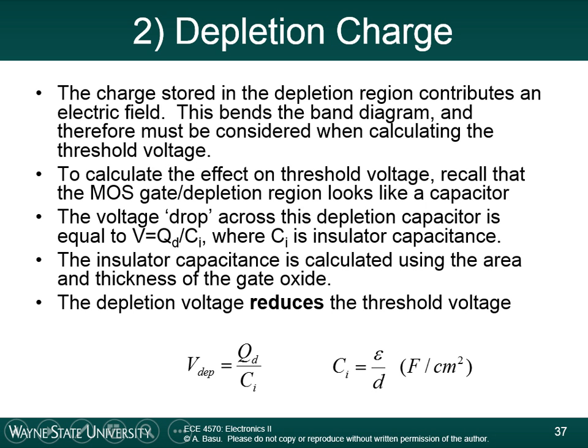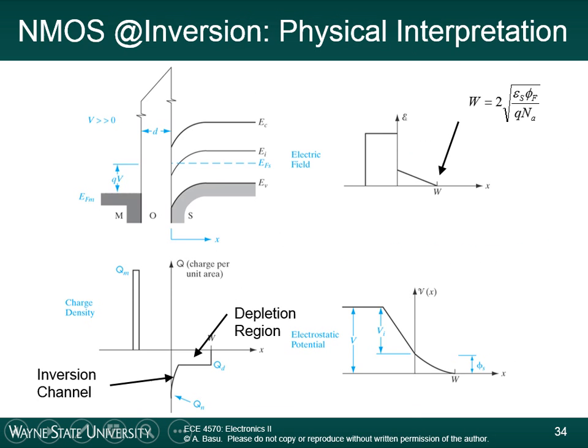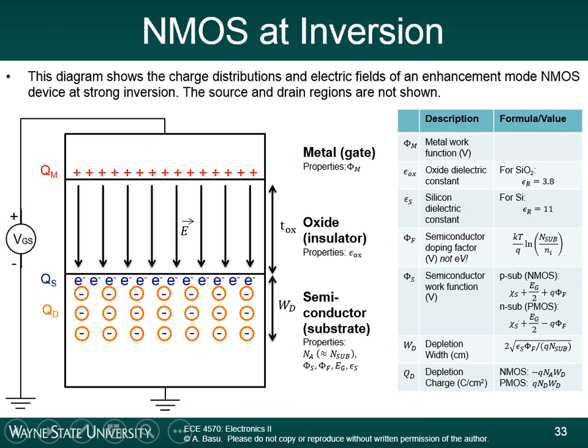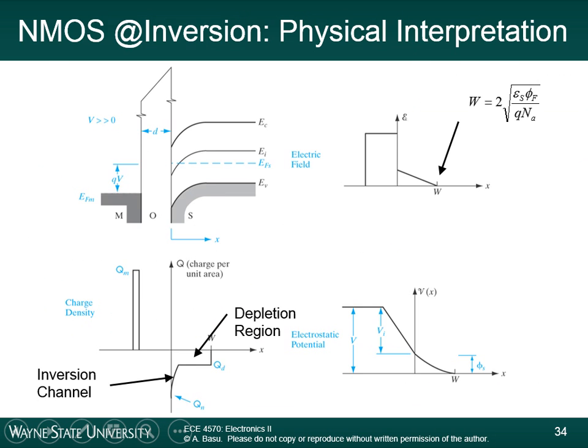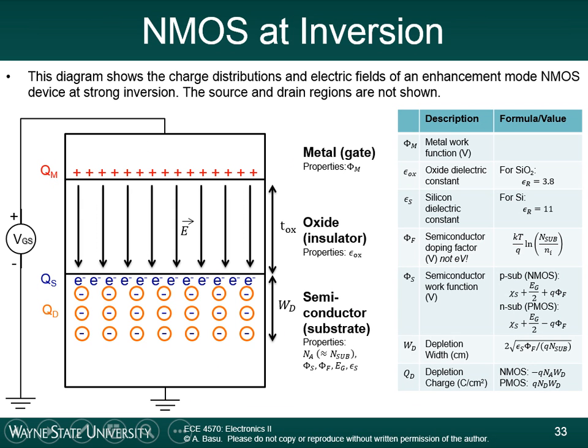How do you find QD? There is a formula for QD here. You have to first find the depletion width, and then you can find the depletion charge. The depletion width is inversely proportional to the doping, and this term also includes the doping here as well.